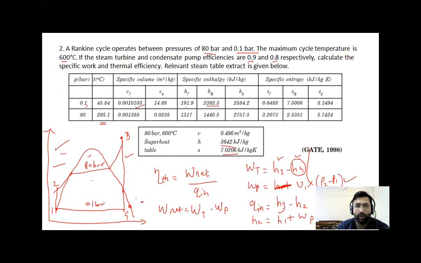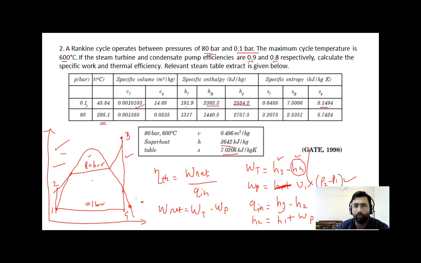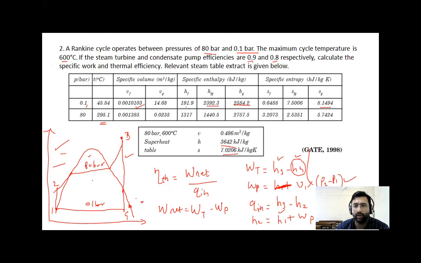SG value is 8.1494. What is SF value? 0.6488.